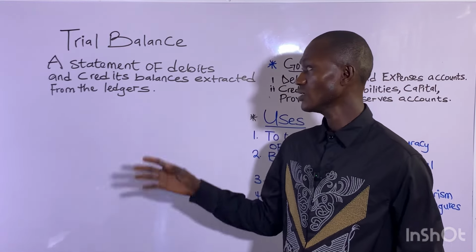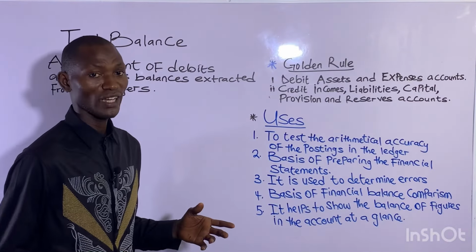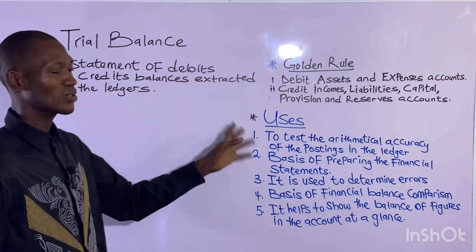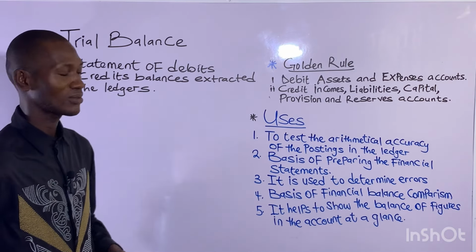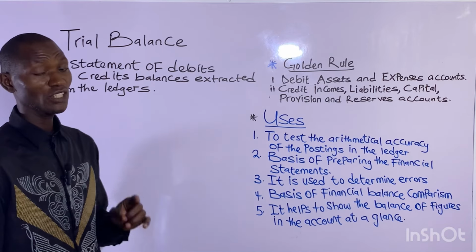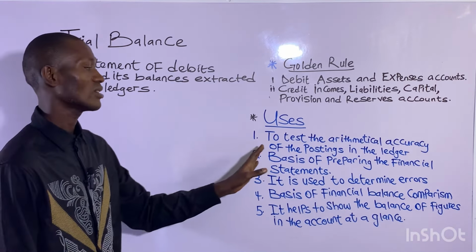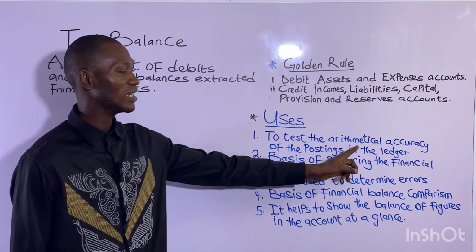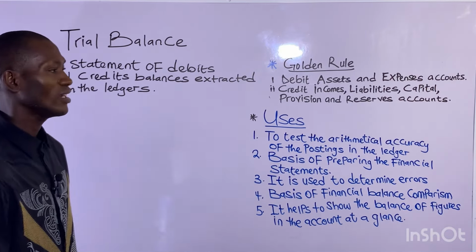So now that you've understood the meaning of trial balance, let's talk about some of the uses of trial balance. Number one, or let me say the primary use of the trial balance, is to test the arithmetical accuracy of the postings in the ledgers.